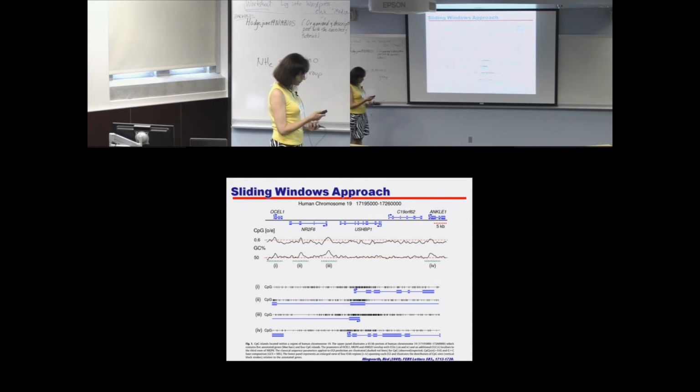But let me show you, in the cases when it works, this is a chunk of chromosome 19, and these are those two characteristics, CpG and C+G content. You see that they go up simultaneously here and here and here and here, and the green chunks are where you think the islands are.